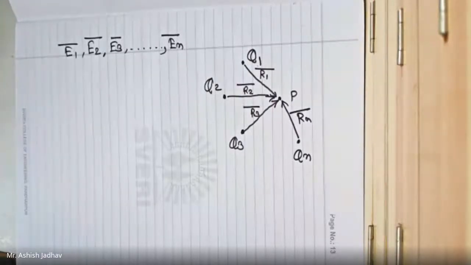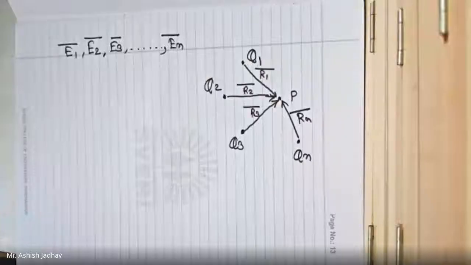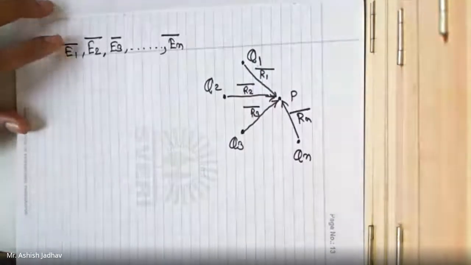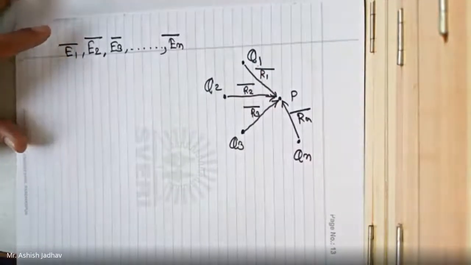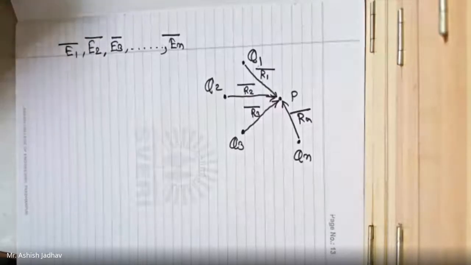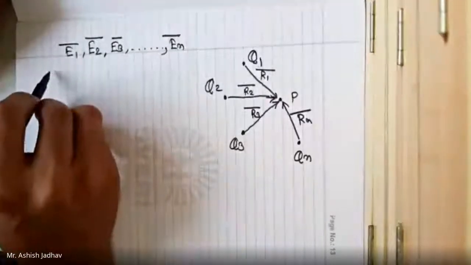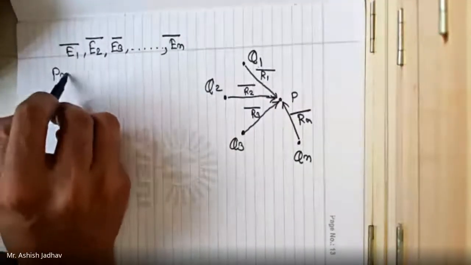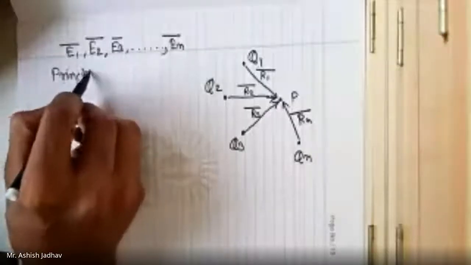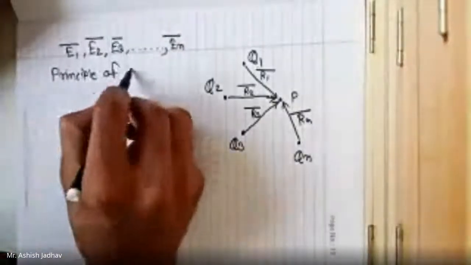How to calculate electric field intensity at point P because of multiple charges? Summation, right? But we call it the principle of superposition. So with this, let us understand what the principle of superposition is.